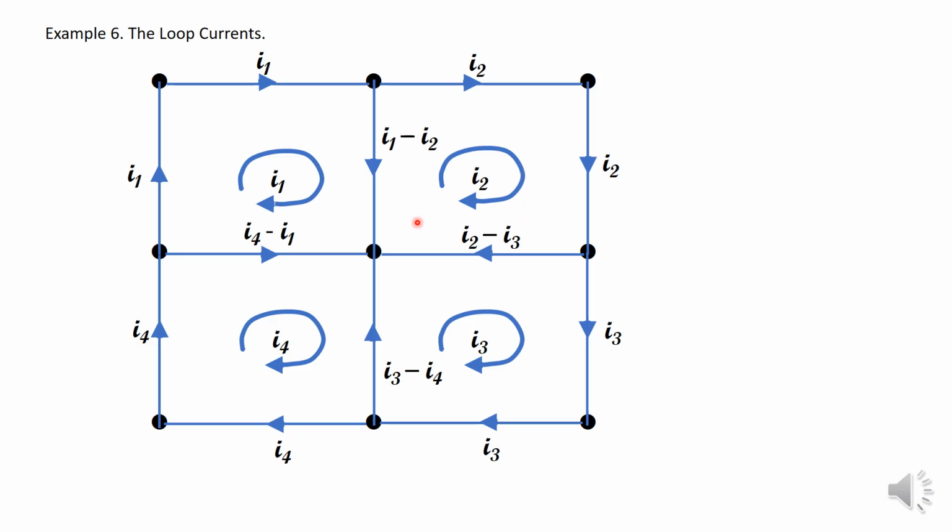The I2 will go in the opposite direction. Given this orientation, it will be plus I4 and minus I1. Here it will be plus I3 minus I4, and so on. Okay, and on this branch, I2 minus I3. So I've expressed the current in each branch in terms of the loop currents.